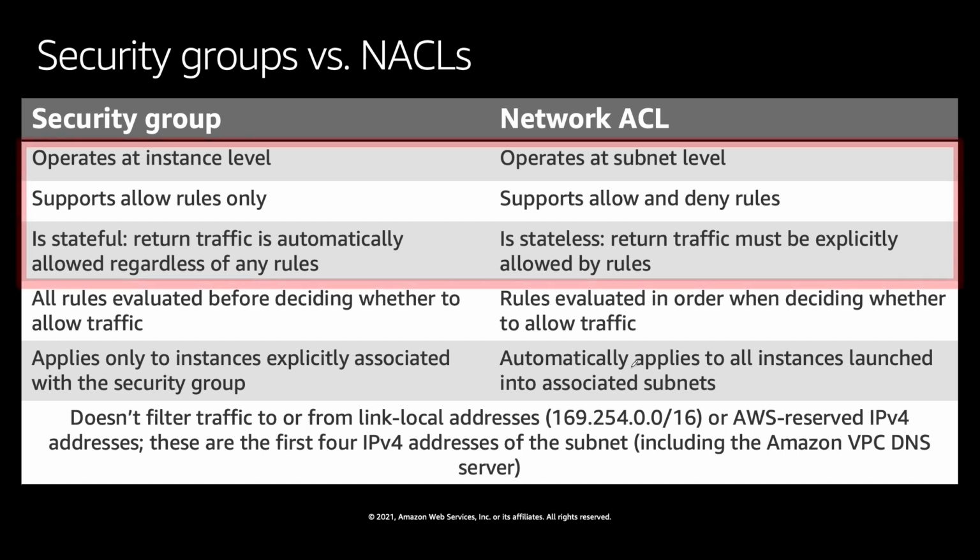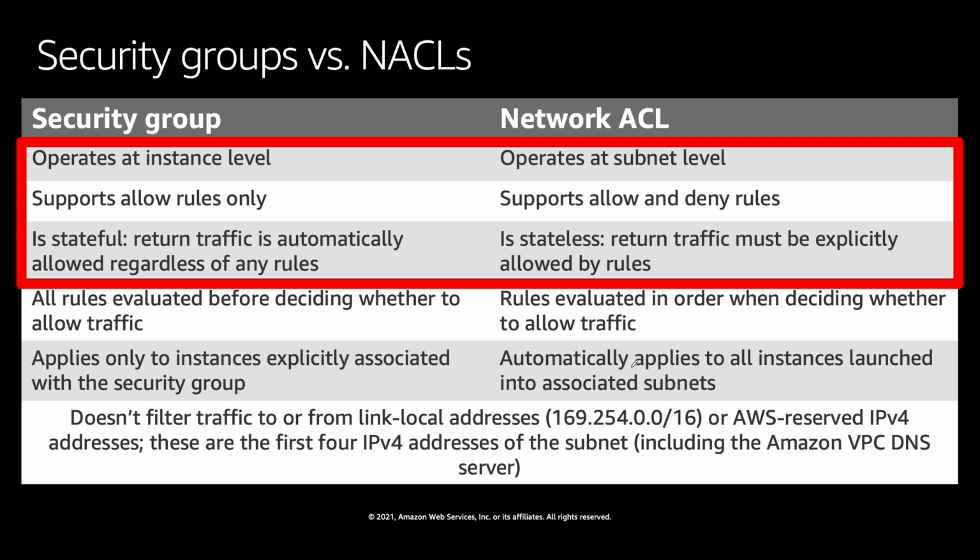A few important things to notice: NACL operates at a subnet level, whereas a security group operates at an instance level. You can create a security group, just like we have created, and assign 4 web servers into that security group, so it operates at an instance level. Whereas NACL operates at a subnet level, so you can define different NACLs at different subnets.